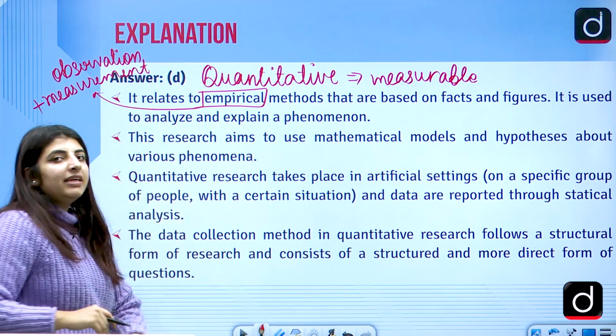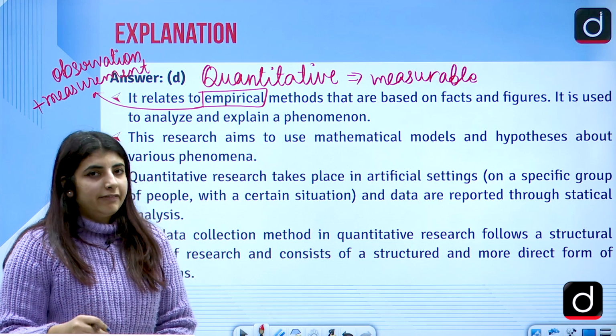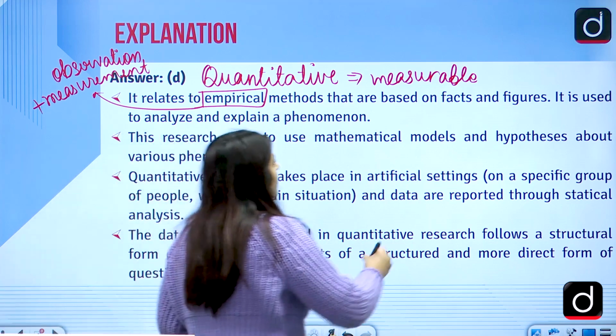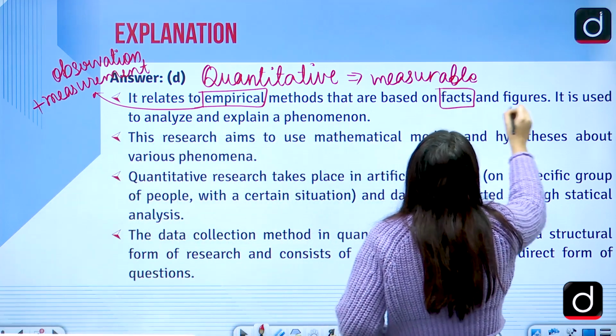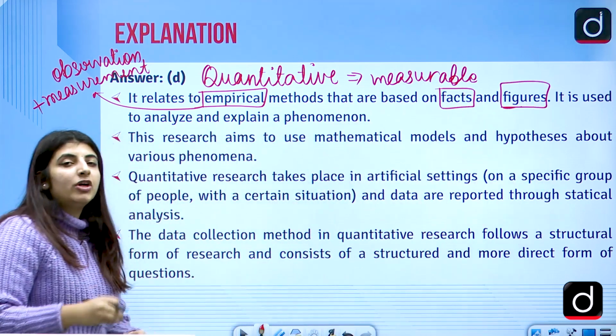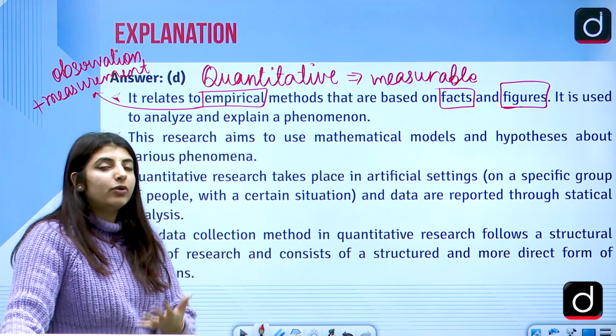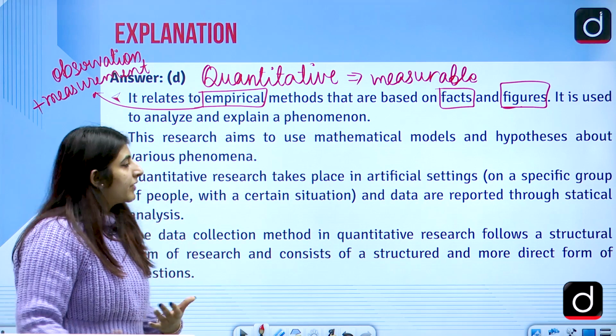So if something is being measured, it is empirical in nature. It is quantitative in nature, right? Also, it is based on various facts and figures because it is numerical. You can count it, and you can also do it statistically, correct?